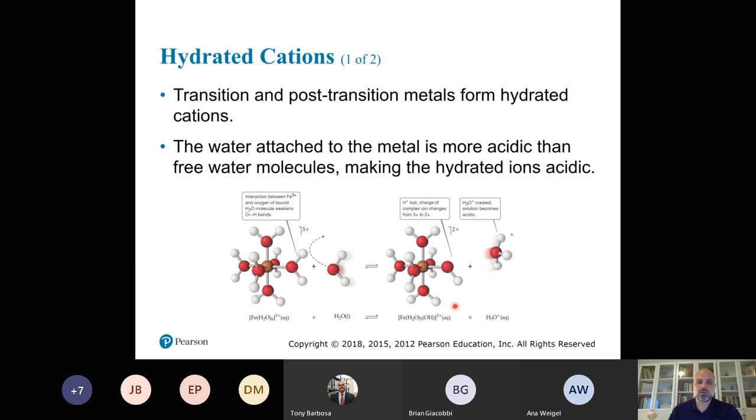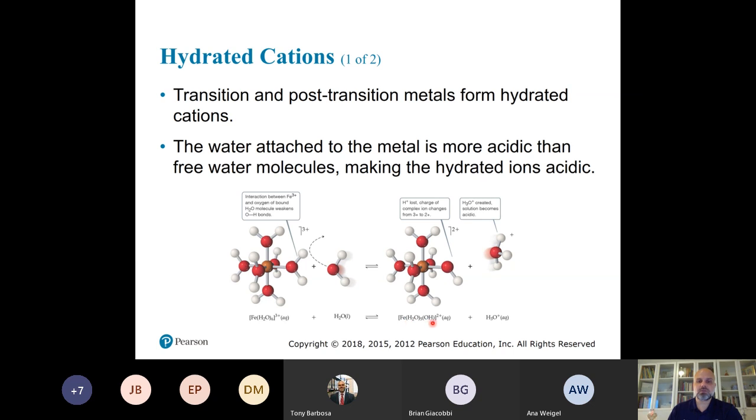Right, so you can see down below what's going on from a chemical equation perspective. The iron here is hydrated, has 6 water molecules attached to it. A water molecule reacts with this. It pulls a proton off of one of the water molecules that are the hydrates. So you can see now the iron remains with 6 water ligands, and now has 1 hydroxide ion.